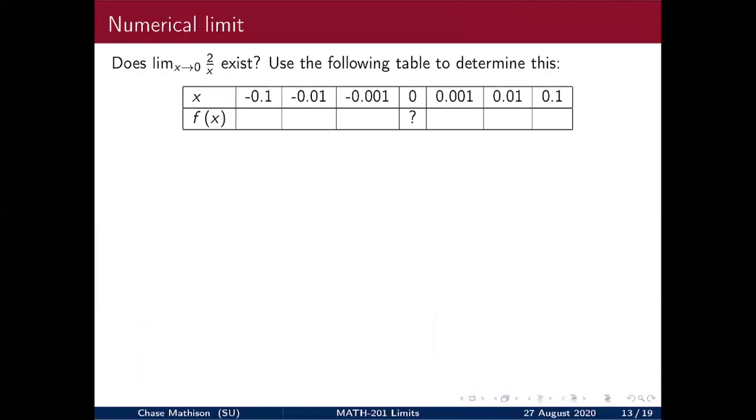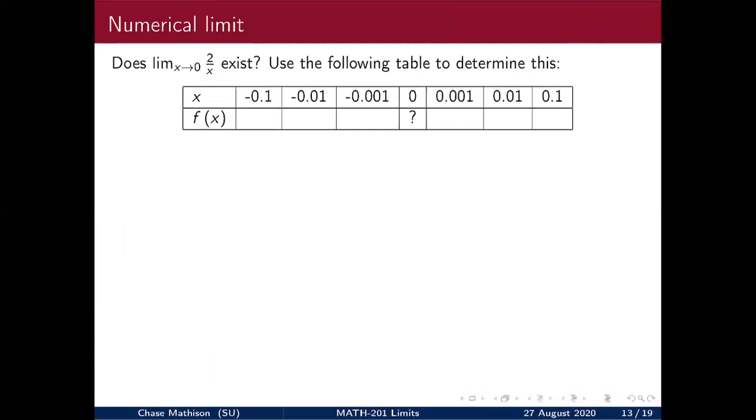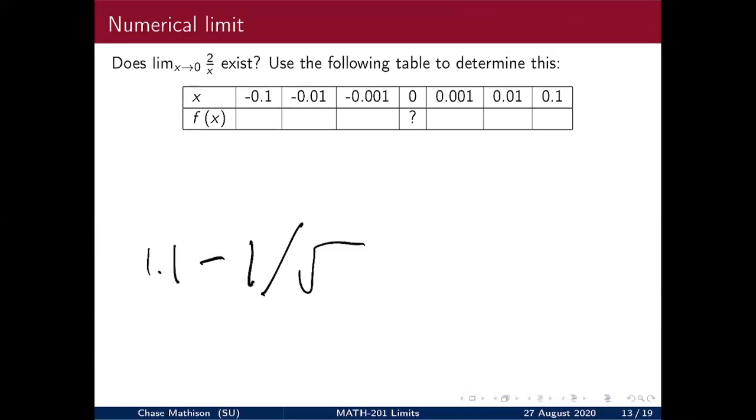A lot of times people will type in on the last problem 1.1 minus 1 divided by, just in their calculator, they won't use any parentheses, divided by square root of 1.1 minus 1. They'll type it in just like that.